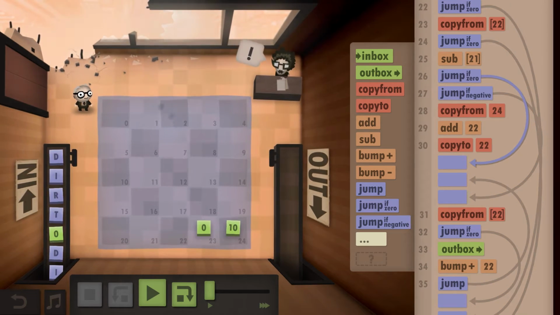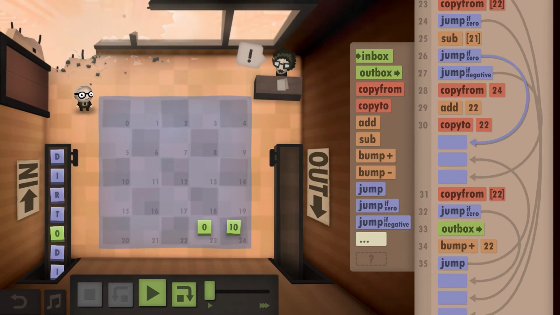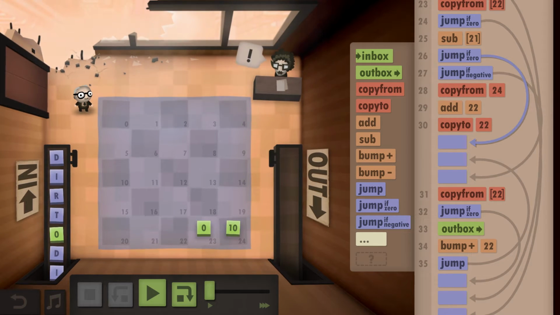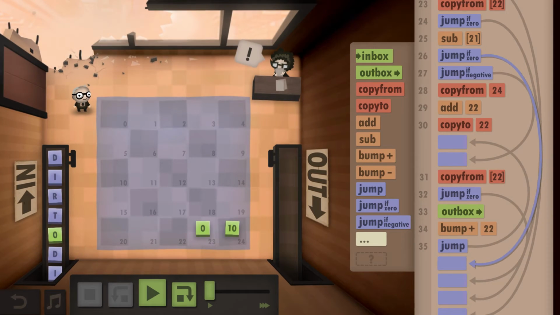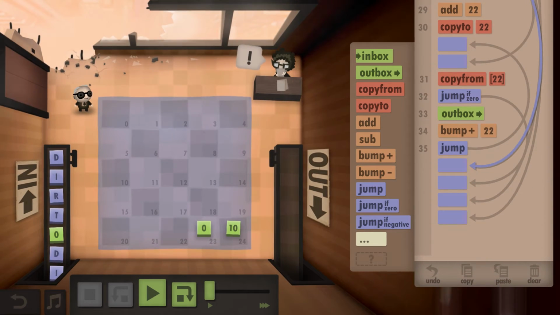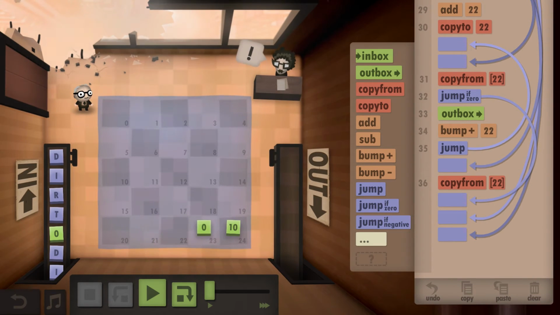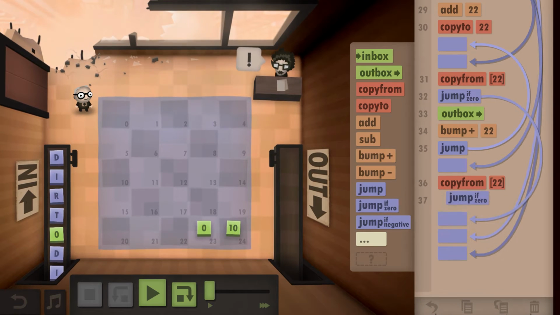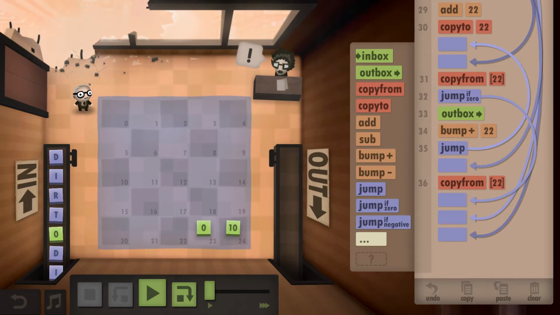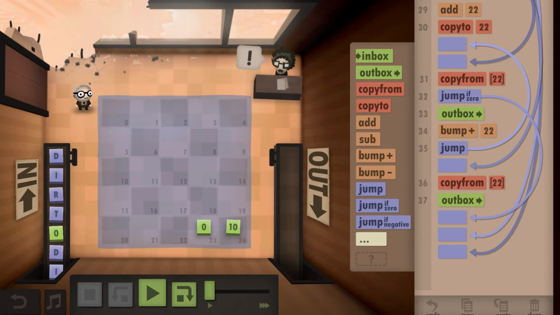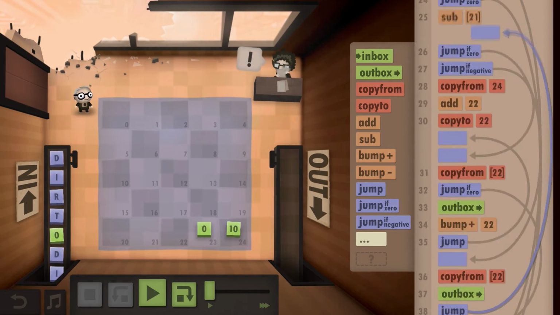Let's see, these jumps if zeros though, those I believe are in the wrong location. Are they though? Yeah, there's a bit more information that needs to happen right at the end of these here, and we need to copy from relative location at 22, jump at 0. Wait, no, not jump at 0, outbox, and then jump to the bump up.